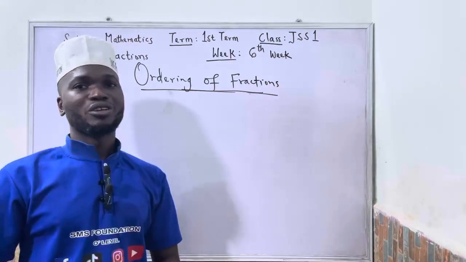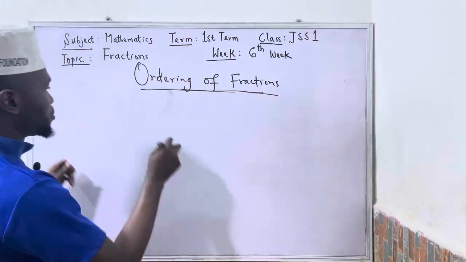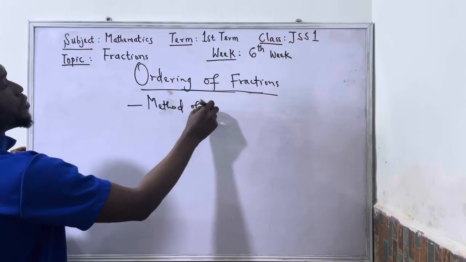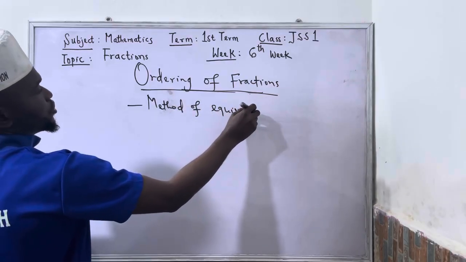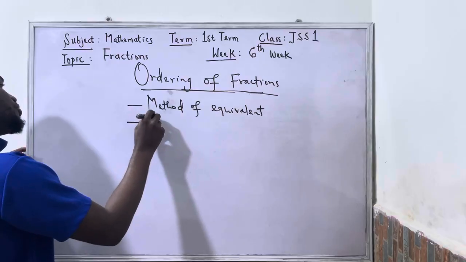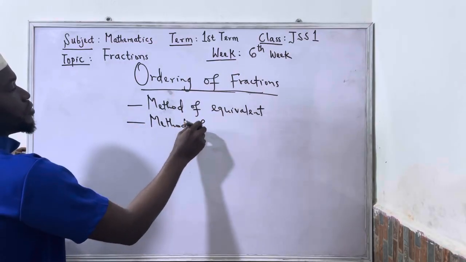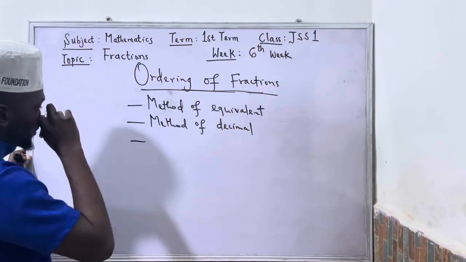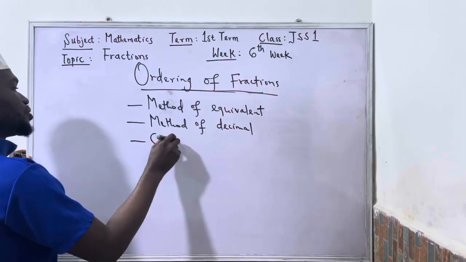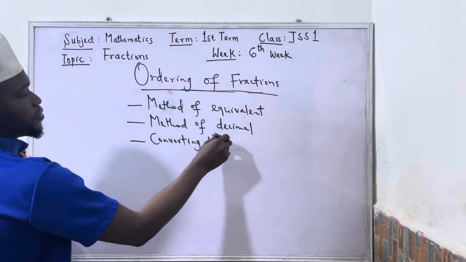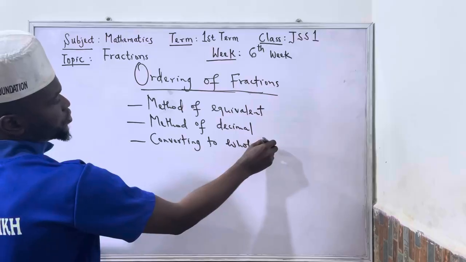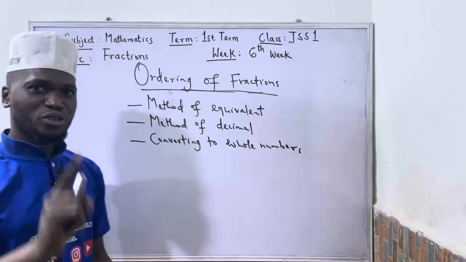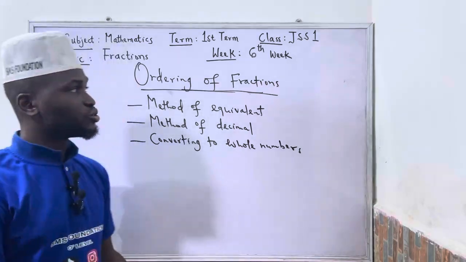We still have another method, the method of decimal. So next, we can use the converting to whole number method. I'm going to use these three methods to solve just one question, and then we say bye-bye to this particular concept.